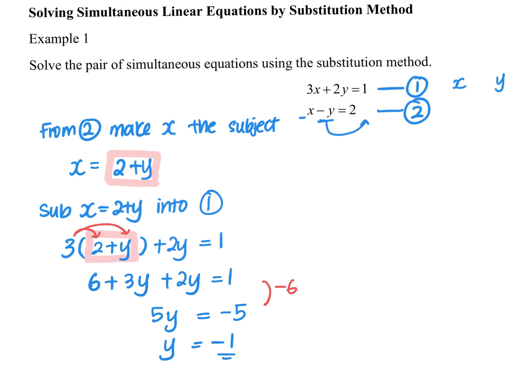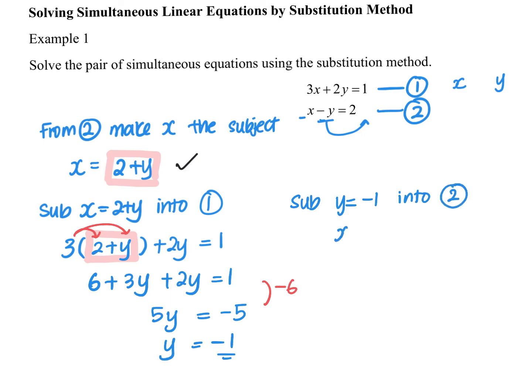But that's not enough because inside these two equations, there are 2 unknowns. One is x, the other one is y. So we are going to do another substitution. Substitute y equals -1 into any of our equations. Preferably, I already made x my subject, so I shall use this equation over here, equation number 2.